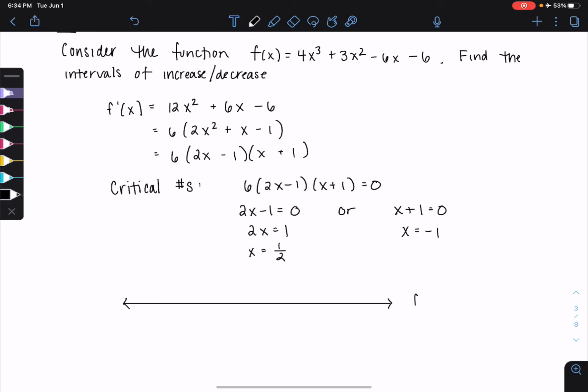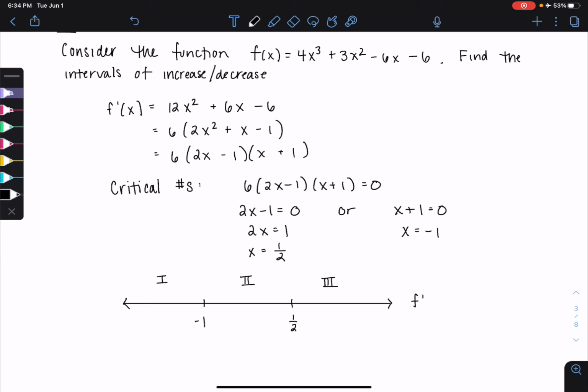And I'm testing to see what is happening with my derivative. Is it positive or negative? So I'm going to break it down at my -1 and my positive 1/2. And we're left with 3 different intervals, 1, 2, and 3.